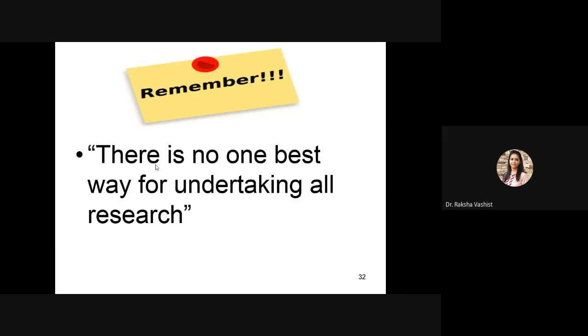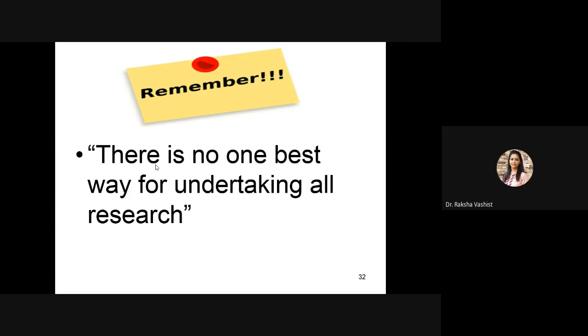Now remember, after all these things, I must say one thing, which is basically that there is no one best way for undertaking all research. All right. Each research, each topic is different, and you may face different issues and challenges than your friend, right?